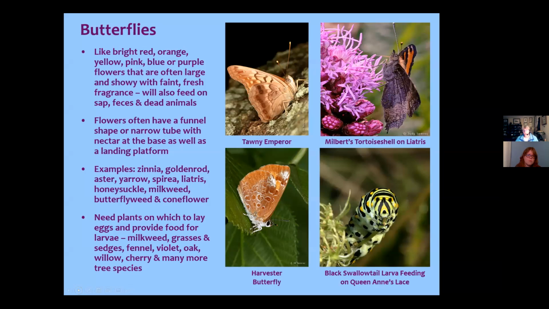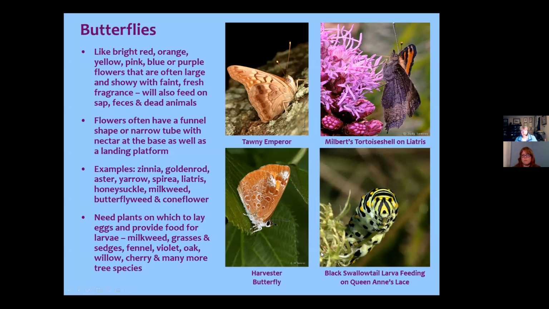They will also feed on sap or feces or dead animals. So, for example, here's a tawny emperor here that isn't so much a pollinator in regard to pollen, but you might find them on the sides of trunks, for example, of apple trees or cherry trees where sap is being exuded.